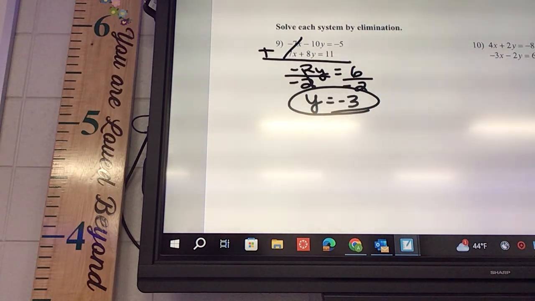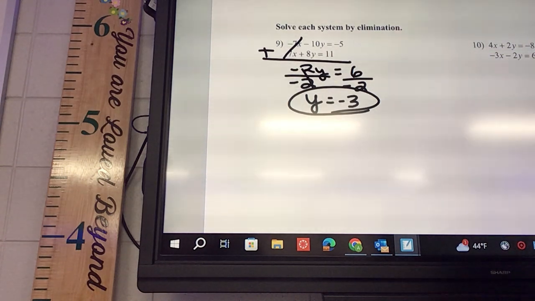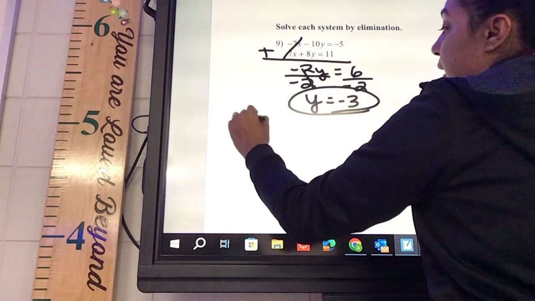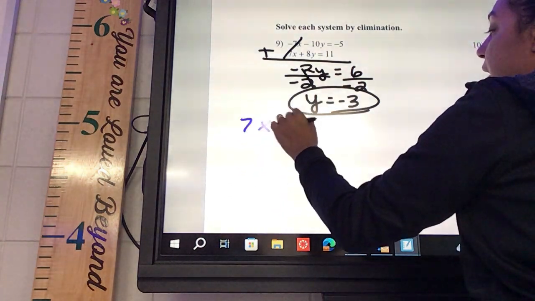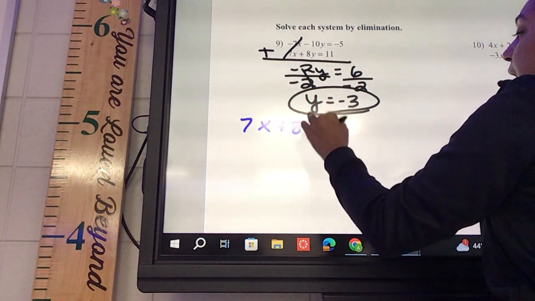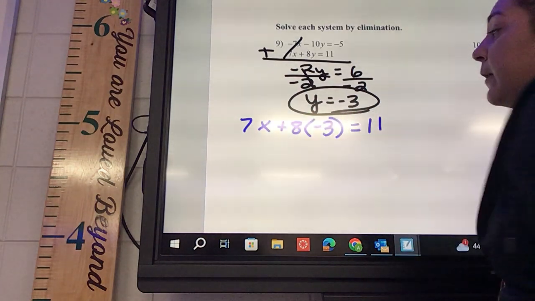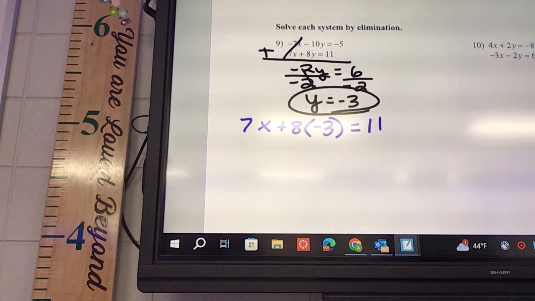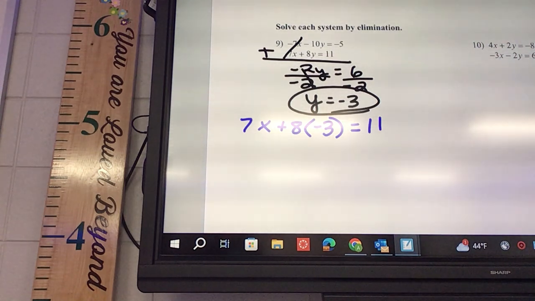Okay, and then you're gonna pick equation 1 or equation 2? What would you like to do? 2? Okay, so we're gonna write down 2, 7x plus 8, and instead of y, I'm putting a negative 3, because we've already solved for the y. Does it matter which equation you pick? It does not, okay? No matter what equation we pick, we're gonna end up with the exact same x.